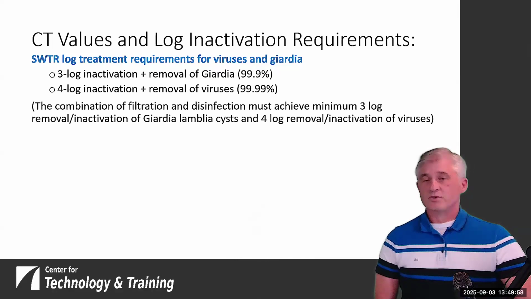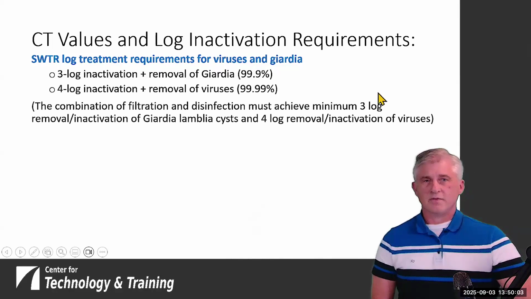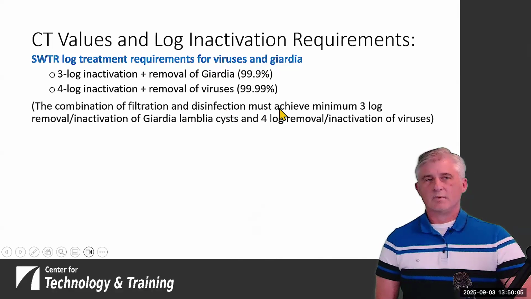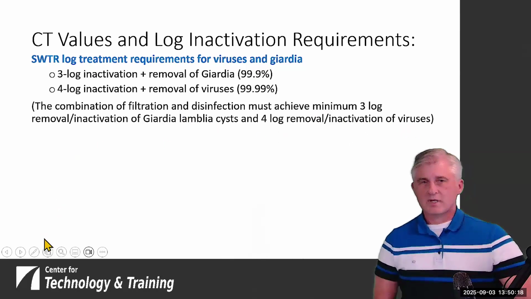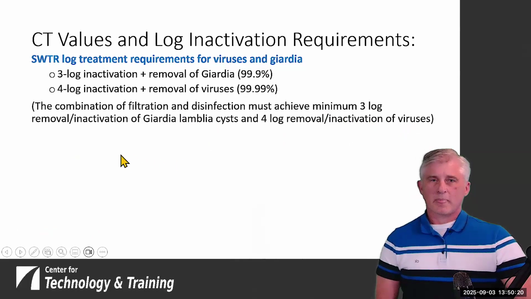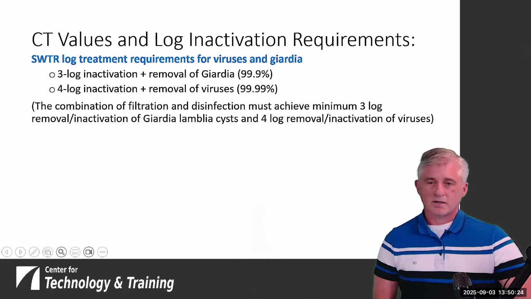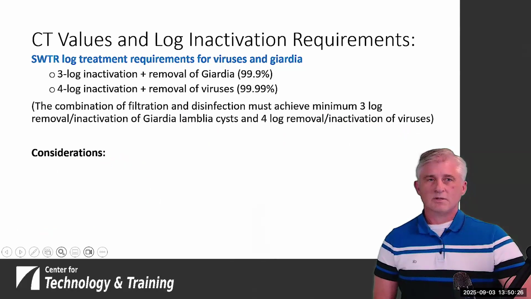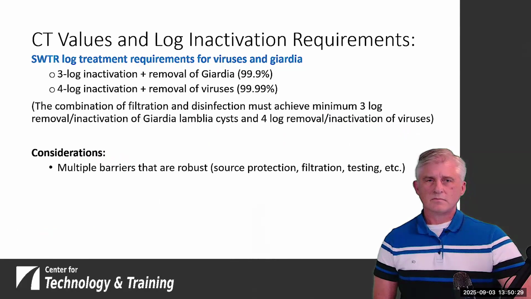So the combination of the filtration, which Greg talked about a little and will talk about again, and then the disinfection that we're talking about today, must achieve a minimum 3 log removal for Giardia lamblia cysts and a 4 log removal or inactivation of viruses. So we can combine both our treatment through filtration and our CT and our disinfection to meet these requirements.